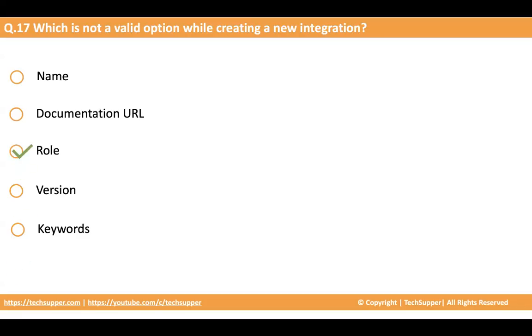So role is not a valid option. Role, you will find when you create a new connection. So name, documentation URL, version, and keywords are the valid options when you create a new integration.